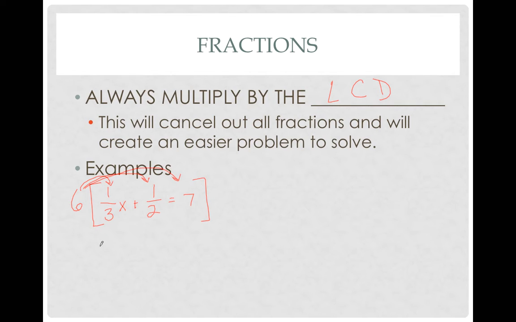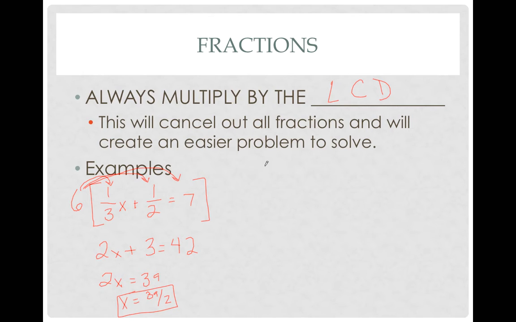And when I distribute, this becomes a 2. 6 times 1/3 is 2. 6 times a half is 3. And 6 times 7 is 42. And notice this is a much, much simpler equation to solve than the original one. I can subtract 3 and divide by 2. And I would have a much simpler answer.